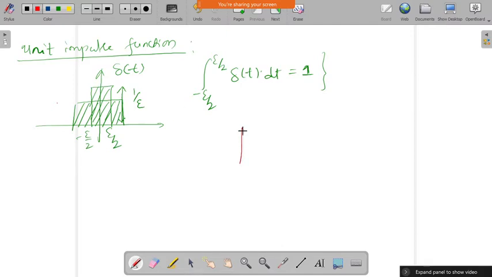If we have some system like this and I give the input del of t, an impulse, what is the output, what is the response of the system in such situations? In order to measure these properties of the system, this impulse function is used.